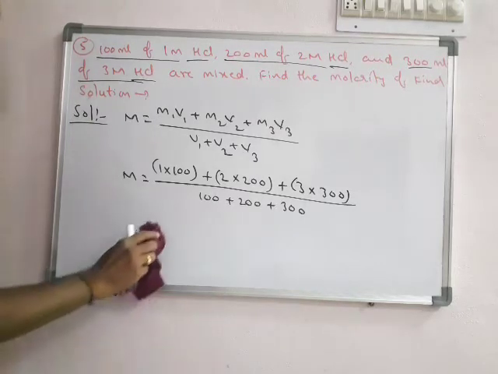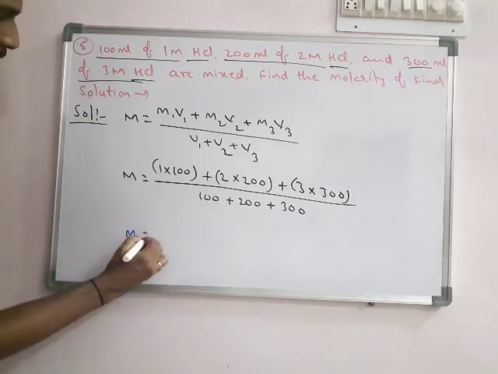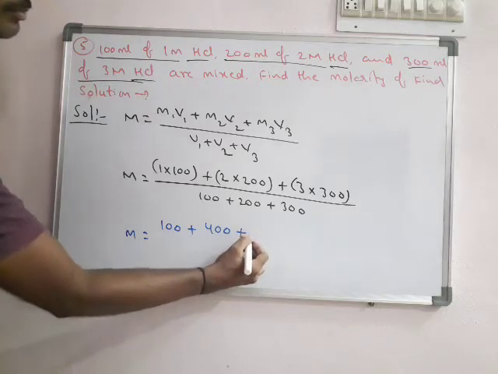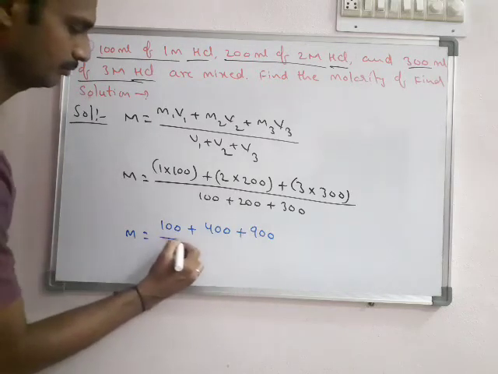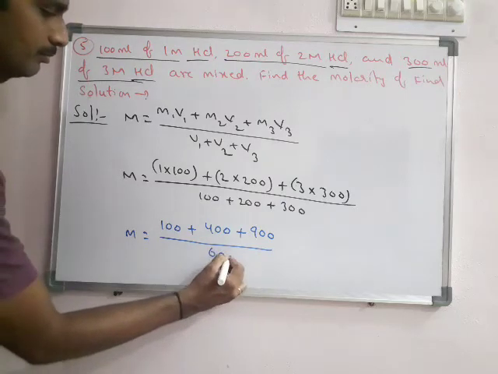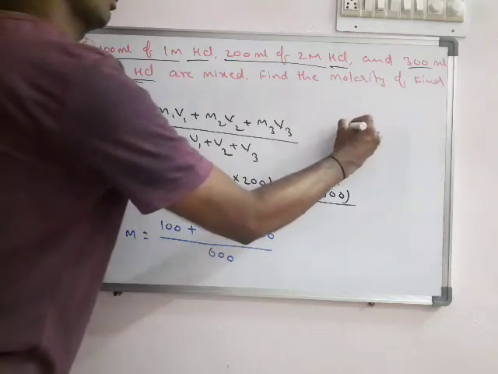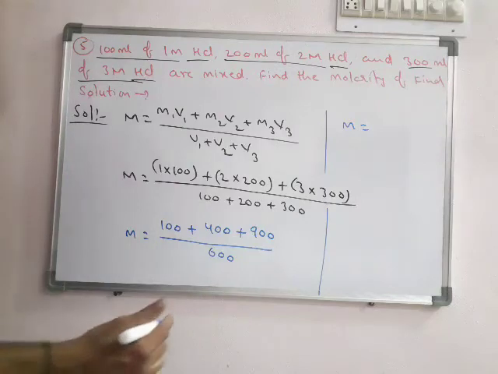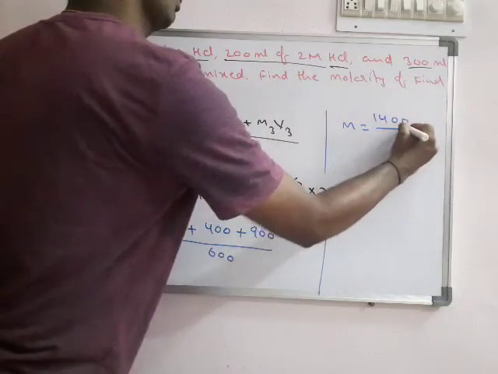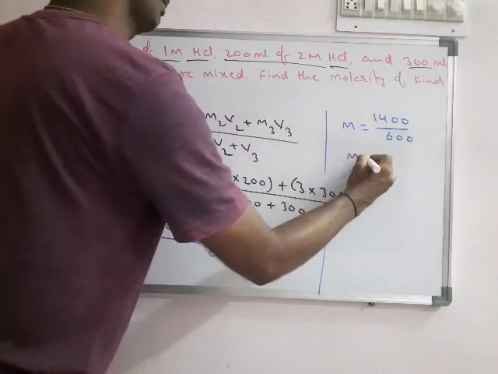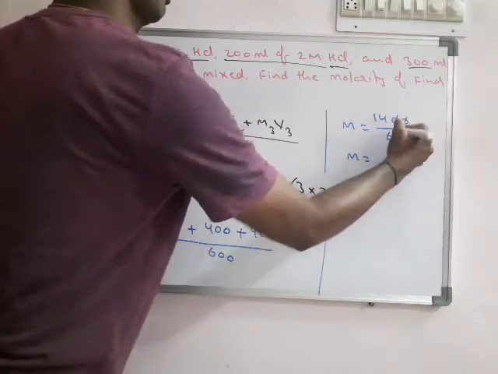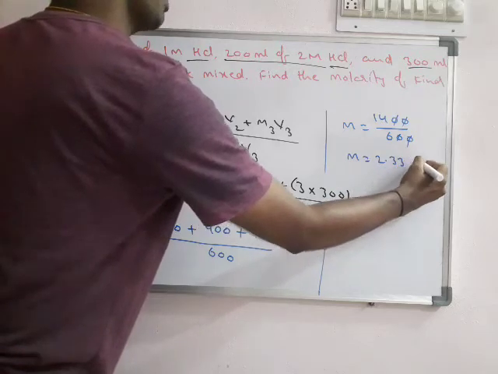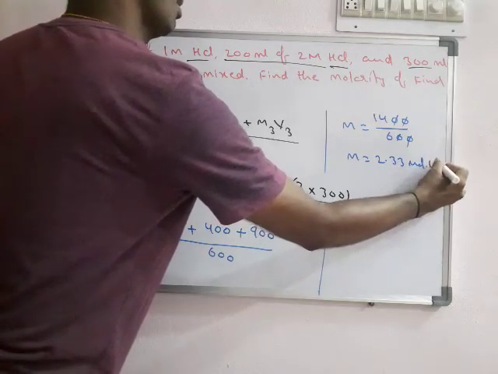So finally, what is the final molarity? 1400 divided by 600, it is 2.33 molarity, which is nothing but moles per liter.